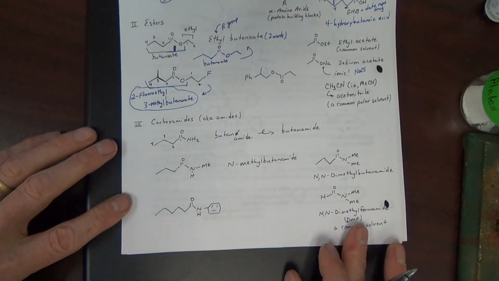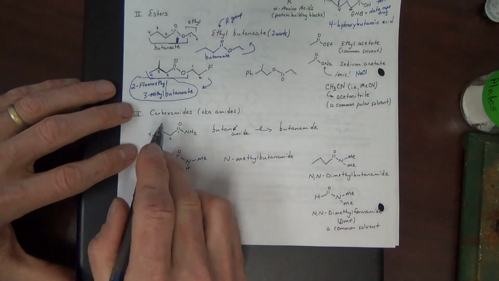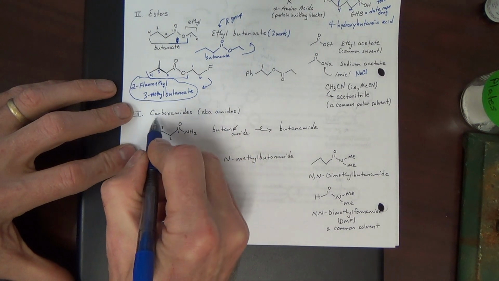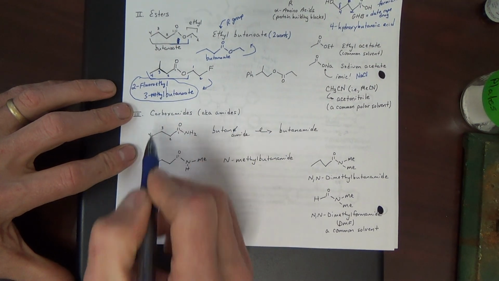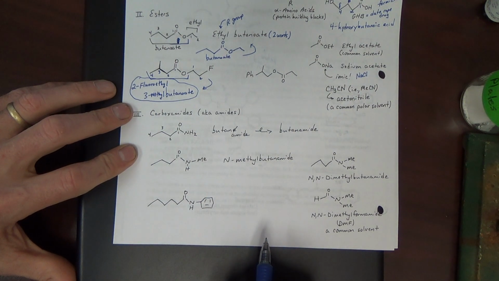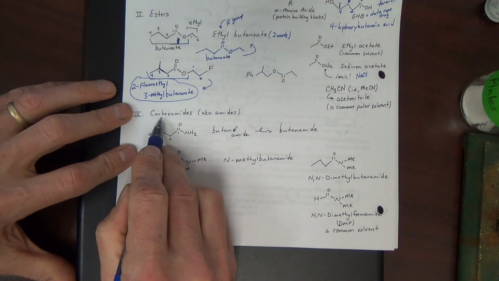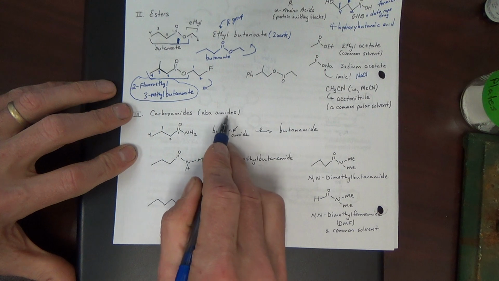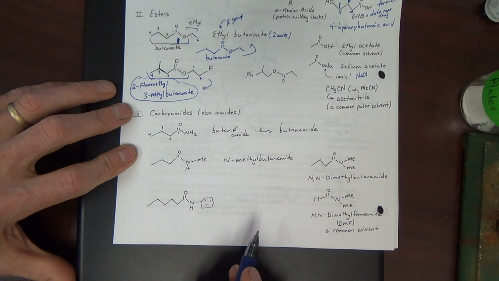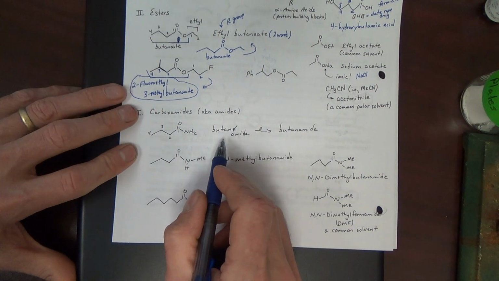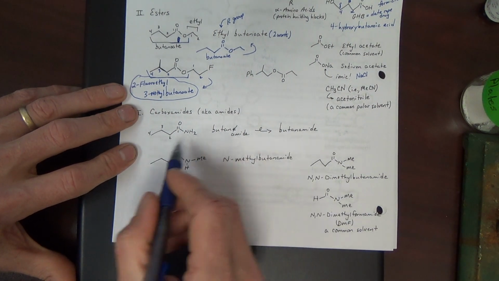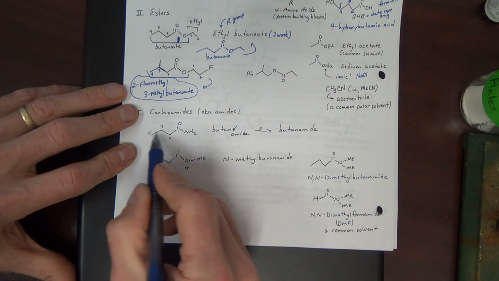Okay, let's look at amides. The long name for an amide is carboxamide because it has the carbonyl. But usually we shorten that to amide. Very simple here, guys. We replace the E. Longest continuous chain, 1, 2, 3, 4.